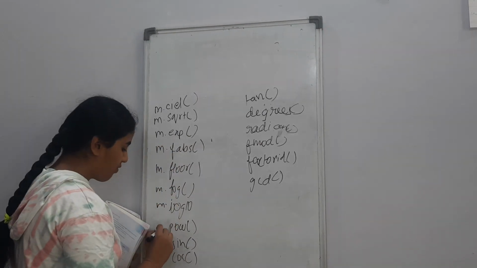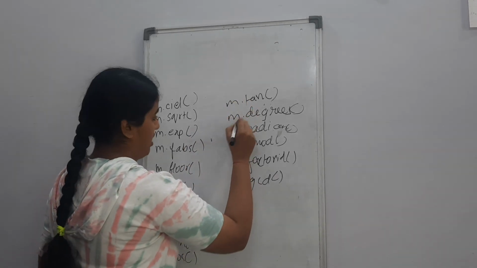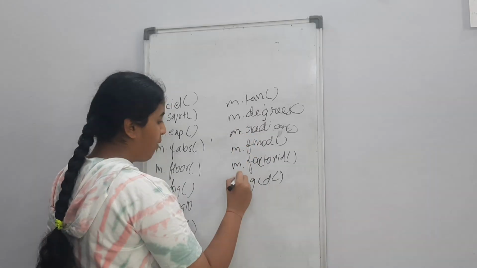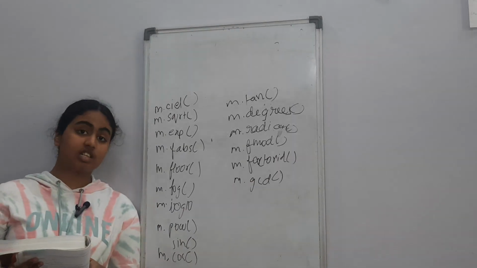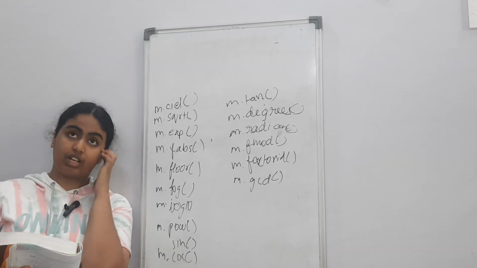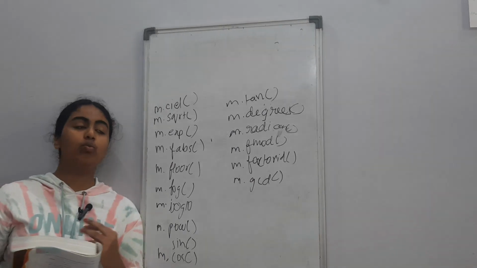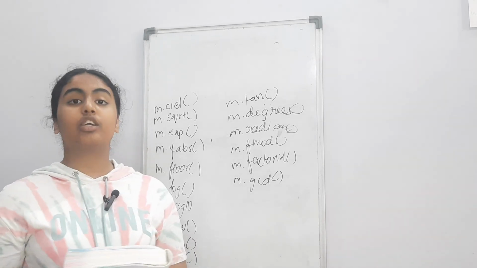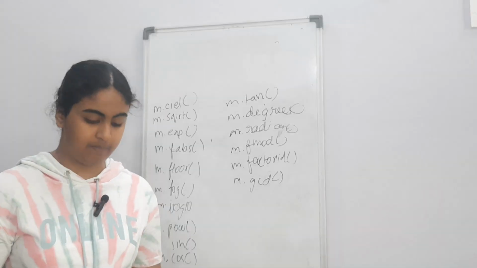So m.ceil would convert my number to the smallest integer not less than the number. For example, if I were to give m.ceil of 1.03, then my answer would be 2. So it basically rounds it off to the closest greater integer.